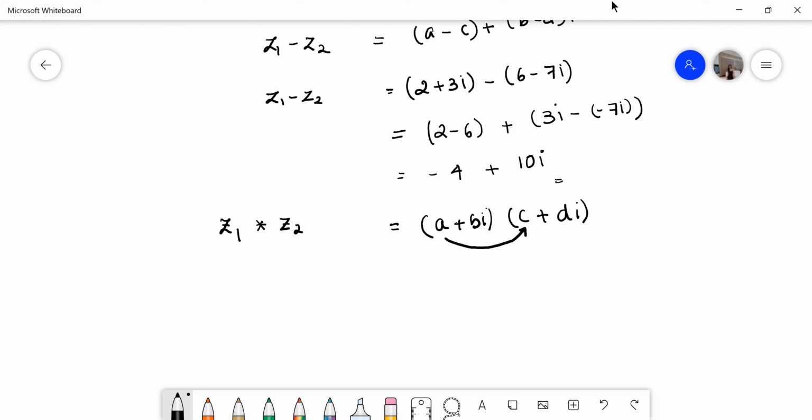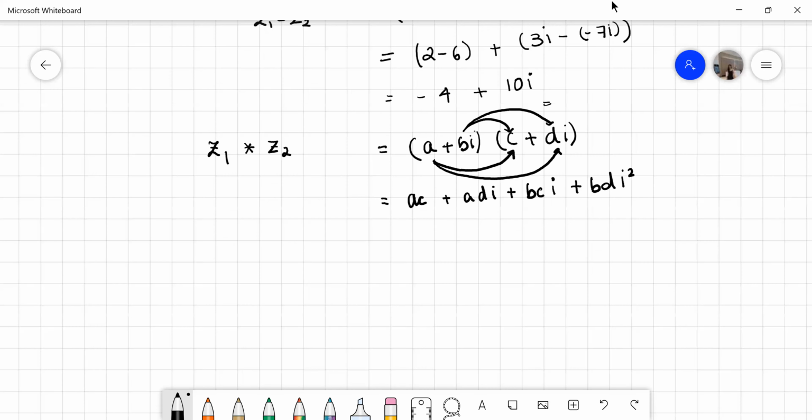A multiplied with c, and then a multiplied with di, bi multiplied with c, so we get bci, and bi multiplied with di, and we get bdi squared.